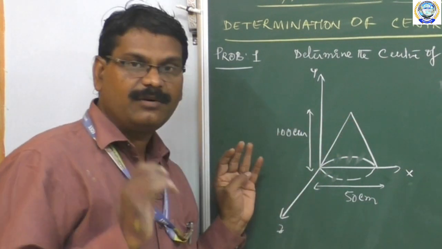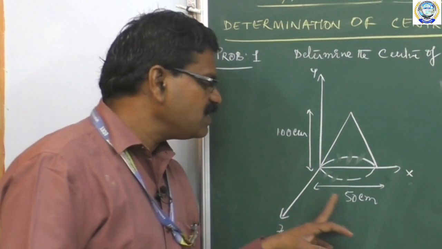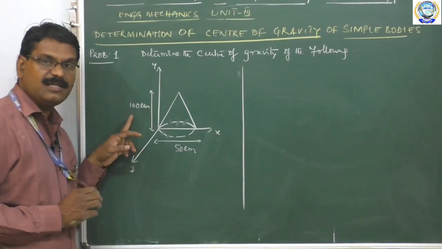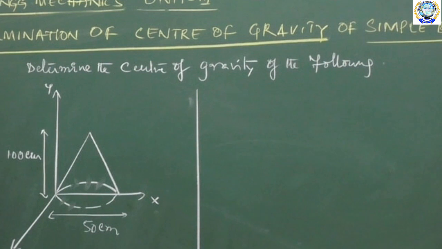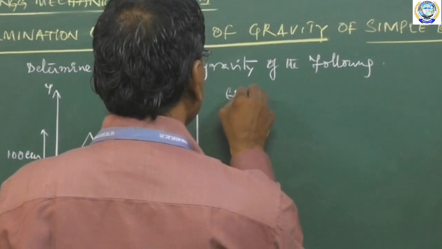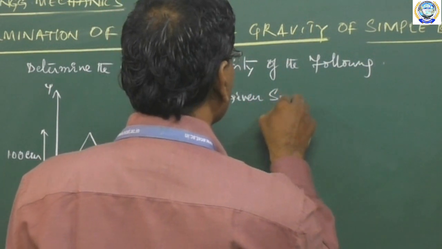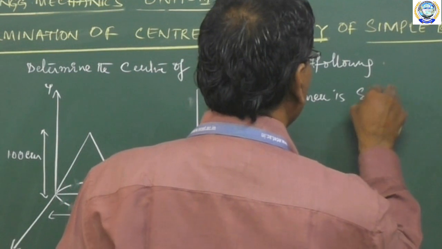First of all, in this solid cone, my diameter is 50 centimeters and my height is 100 centimeters. How to do this problem? From the given figure, we have to write down the values like this. Given specimen is a solid cone.